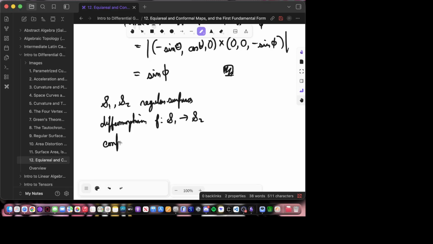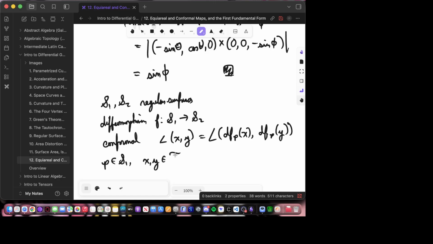We say it is conformal if it preserves angles. So the angle between x and y is equal to the angle between df_p of x and df_p of y, where p is in S1 and x and y are in the tangent plane of S1.